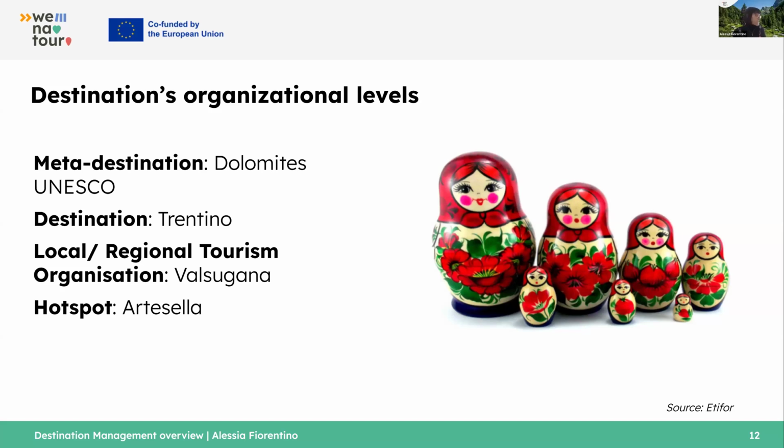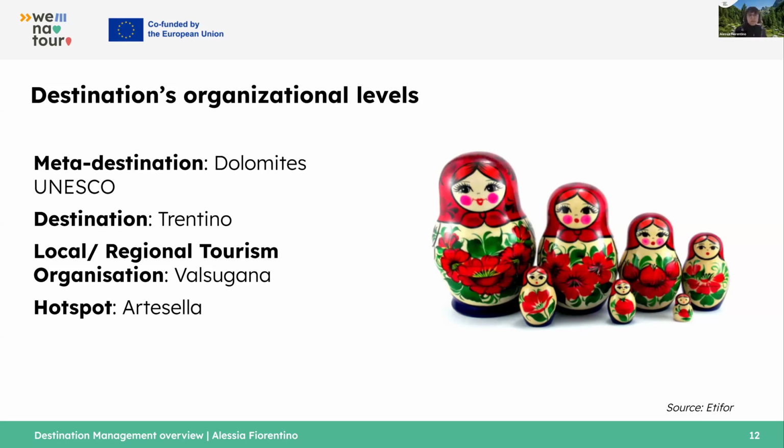Okay. Then we have the destination, which is at a regional level. And there is an entity managing it, which is called Trentino Marketing. It is the regional authority that manages what we call the umbrella brand. So it is the Trentino brand, which has under it many local brands.